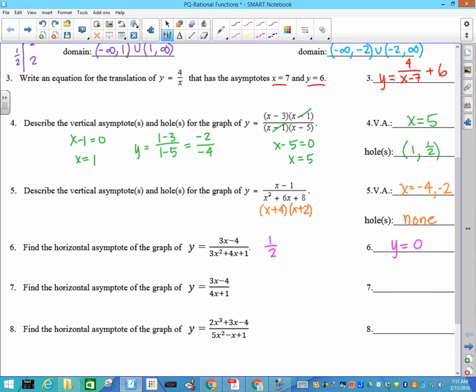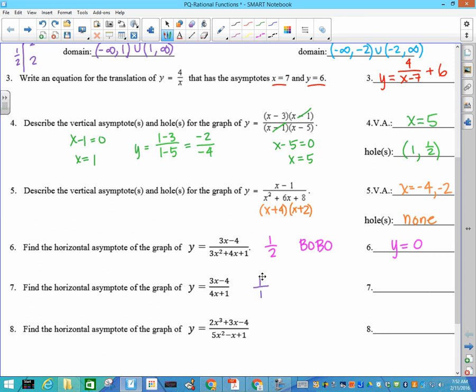Okay, so then we go to the next one. Since I've done that one, let's go to this next one. What is the degree of the top? Actually, let me write this outside so you can go back and look at that. And remember, this is BOBO. Now we have y equals 3x minus 4 over 4x plus 1. The degree of my top is 1. The degree of my bottom is 1.